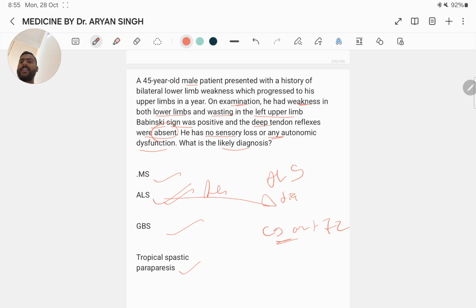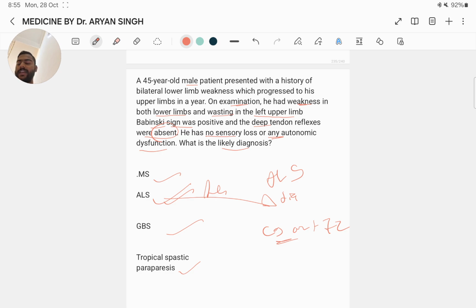Others include the cytosolic enzyme SOD1, superoxide dismutase, the RNA binding protein TDP-43 encoded by the TAR DNA binding protein gene, and fused in sarcoma, located in liposarcoma, FUS or TLS.